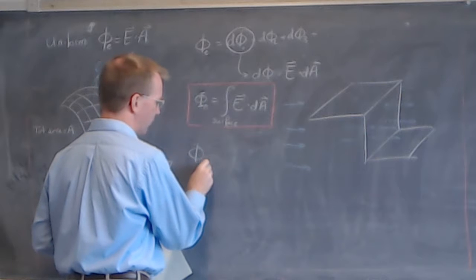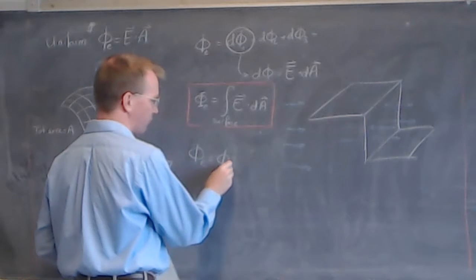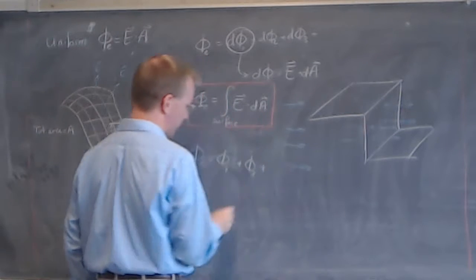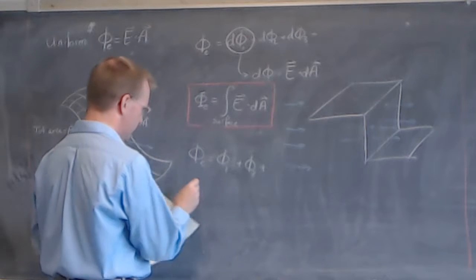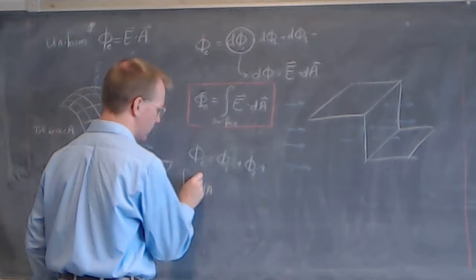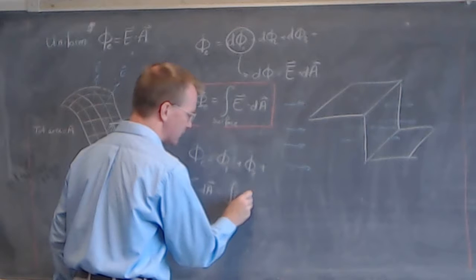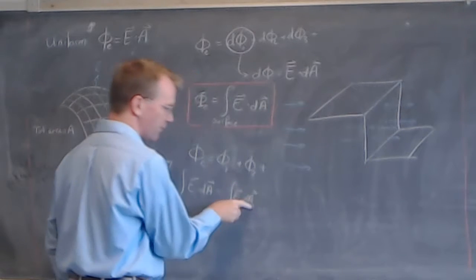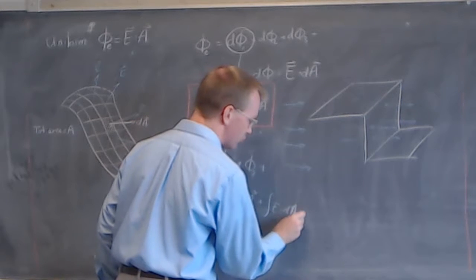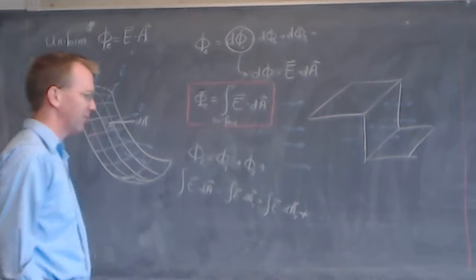Okay, so if I want to do that, then I can write that the total flux is equal to the flux through surface 1 plus the flux through surface 2 plus the flux through all these other surfaces, which means the integral of E dot dA total is equal to the integral of E dot dA1, that's for surface 1, plus the integral of E dot dA2, that's for surface 2, plus, and I go on down the list like that.